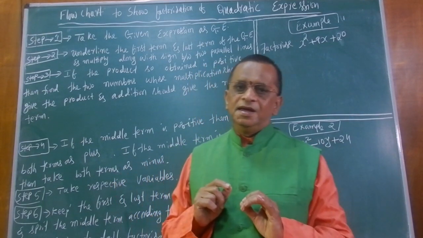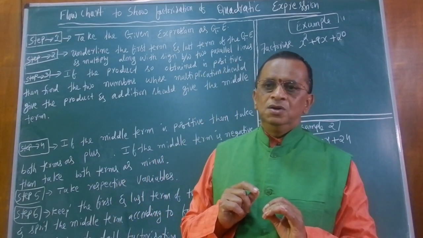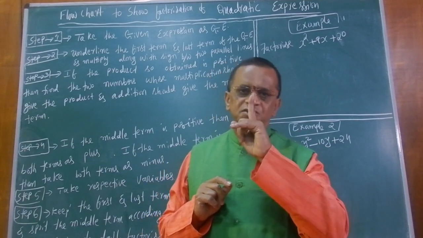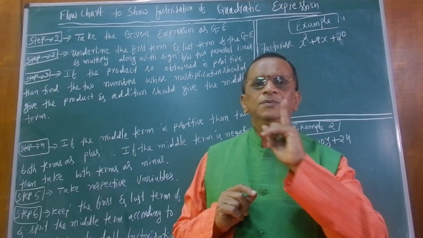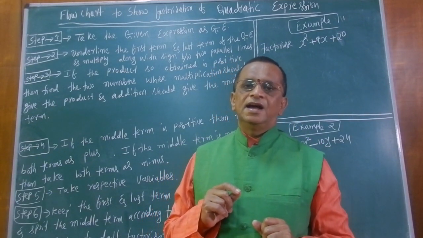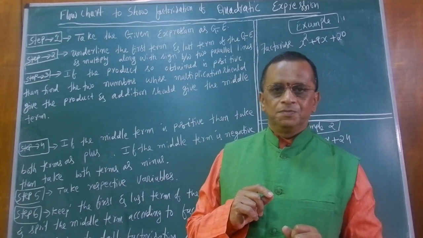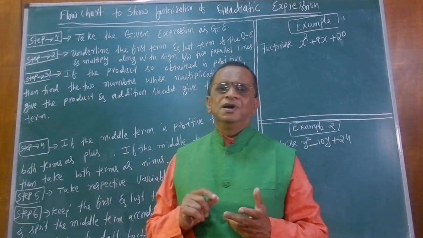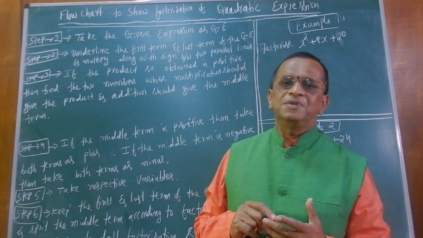Here, any expression which is having degree 2 and having one variable, we call it a quadratic expression. So it will always be in the form ax square plus bx plus c.